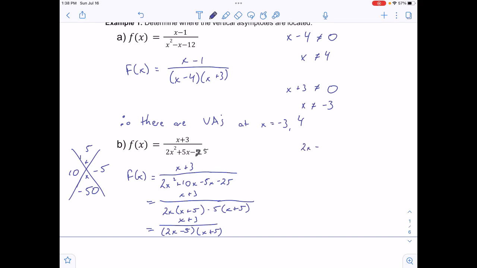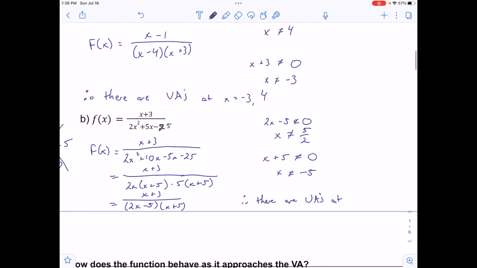So 2x minus 5 cannot be equal to 0. And x plus 5 cannot be equal to 0. I'm going to rearrange, so I have x cannot be 5 over 2, and x cannot be negative 5. And so therefore I've got VAs at x is negative 5 and at 5 over 2.